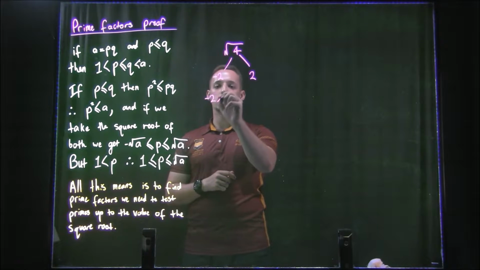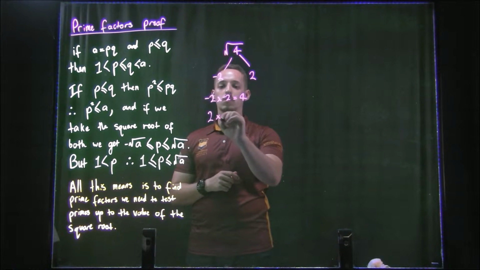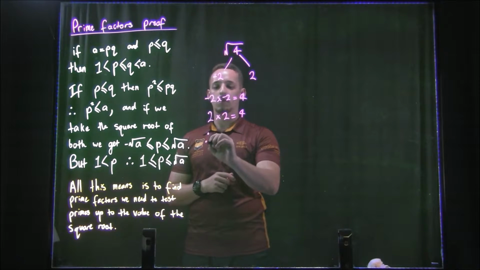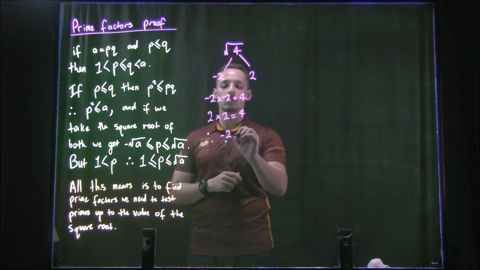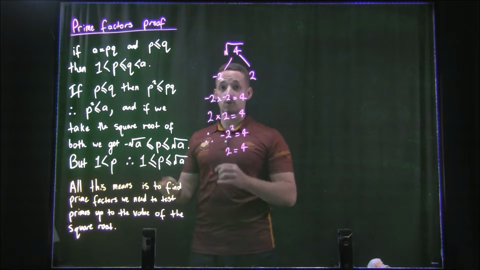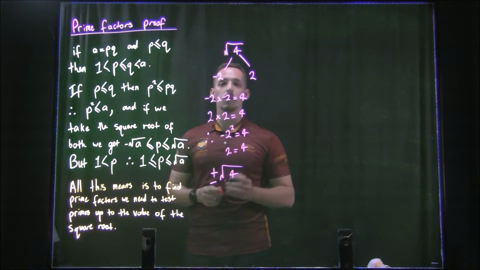Because negative 2 times negative 2 equals 4, and 2 times 2 equals 4. So, therefore, negative 2 squared equals 4, and 2 squared equals 4. So when we're discussing the square root of something, we can have plus minus the square root of 4.